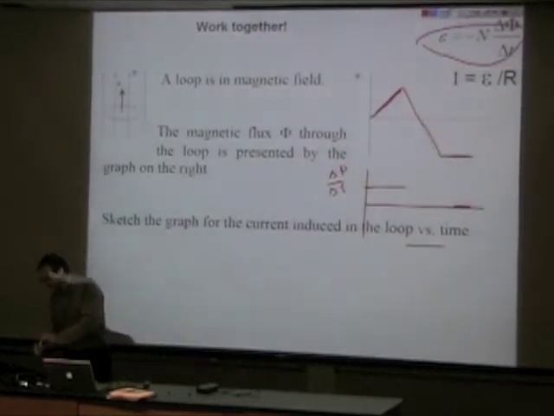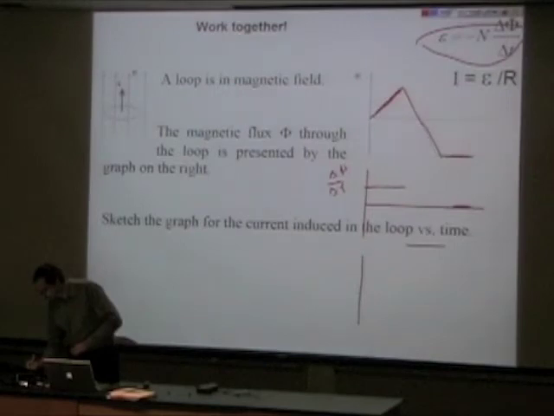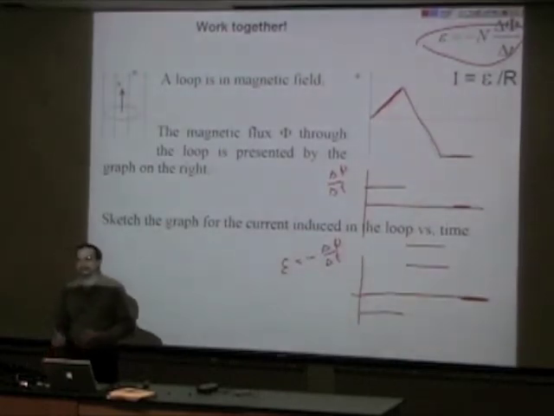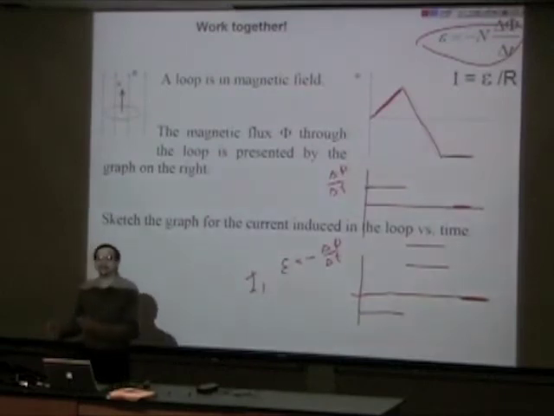All we have to do is flip it over because EMF equals minus this. So positive becomes negative, negative becomes positive, zero remains zero. This is the graph for EMF. And for the current, the graph would look exactly like that.